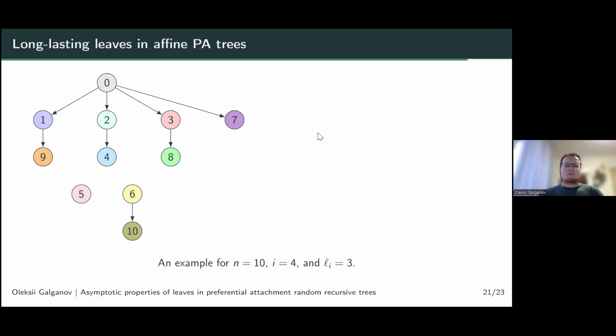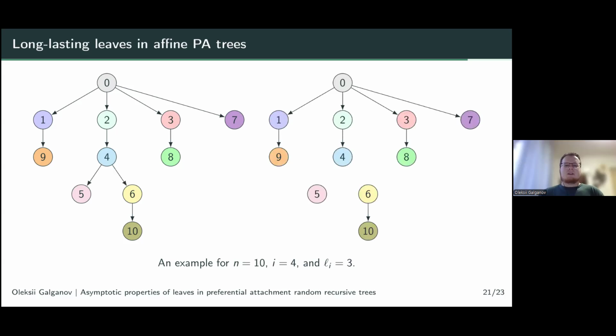Now they become detached from any vertex. They just float around, not attached to anything. And then we randomly reattach them to existing vertices, so we have a connected tree again. But the most important thing is that now there are no vertices from I plus 1 to I plus li attached to 4. So in this tree, 4 would be a long-lasting vertex, a long-lasting leaf.